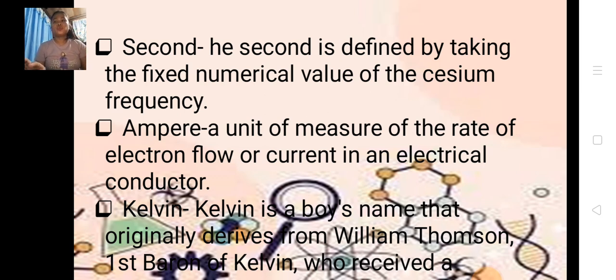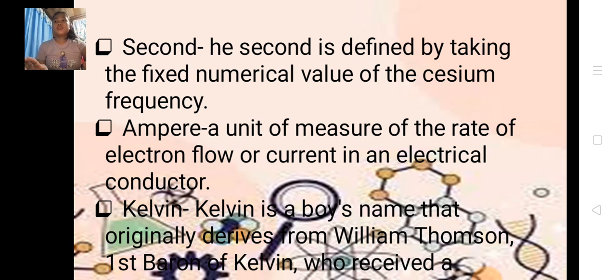Let's proceed to the ampere, a unit of measurement of the rate of electron flow through an electrical conductor. The ampere refers to electrical current, and it is used to rate, for example, the electrical current.